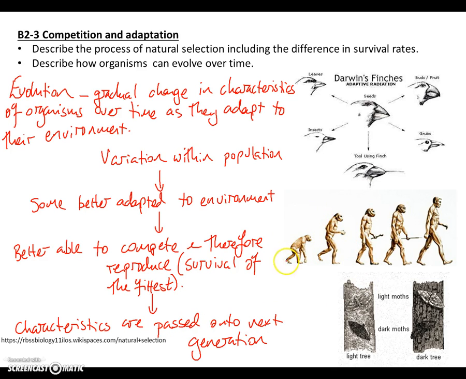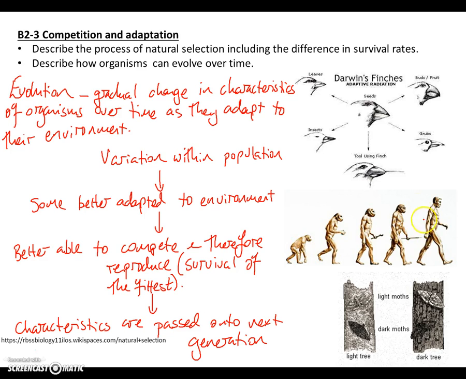So over time you get evolution from more primitive creatures, and then as they adapt they become closer to what we see in everyday life. So our ancestors started walking just on their hind legs, which allowed them to use their hands more, so therefore make tools and become more successful at competing for food and space and territory.